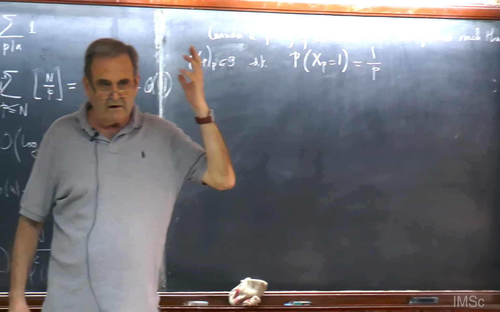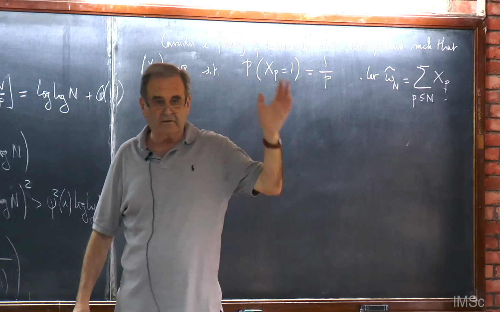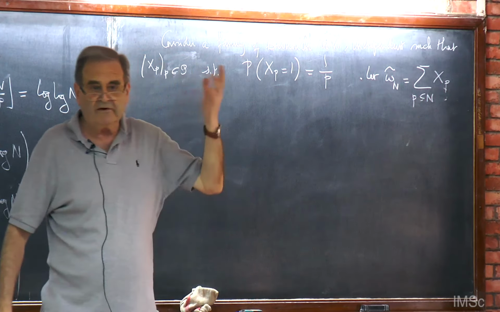In some way, if you draw this family, it will tell you more or less how many prime factors you have. The expectation will be just what you have: how many times an integer is divisible by 2, about half of the time; by 3, about 1/3 of the time; by 6, about 1/6, and so on.